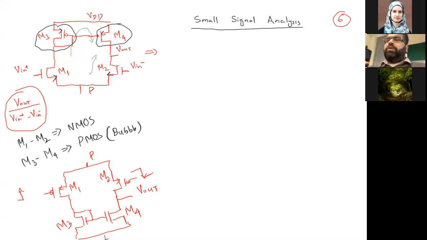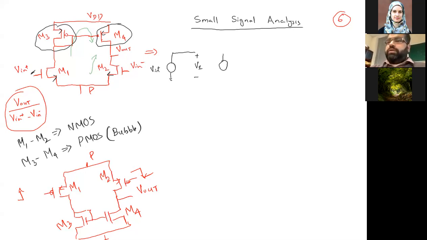So let's draw the small signal of this one amplifier. Here we start from this point. So we have Vin positive.